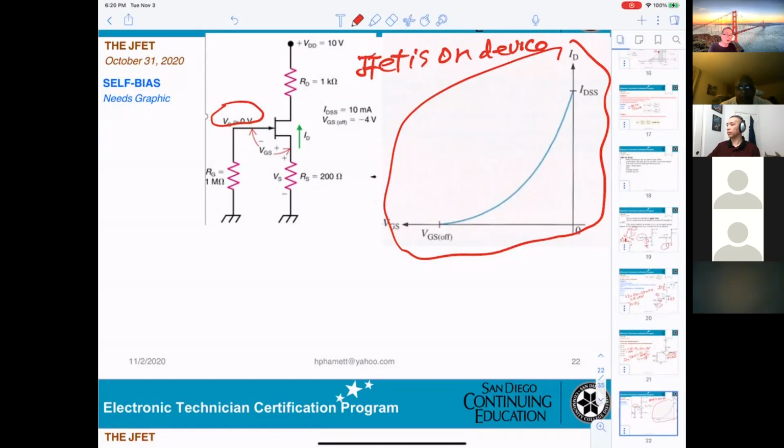It doesn't need any power at the gate. But bipolar is different. If you don't have a voltage at the base, it doesn't work. So bipolar is an off device. That's the difference between an on device and an off device.